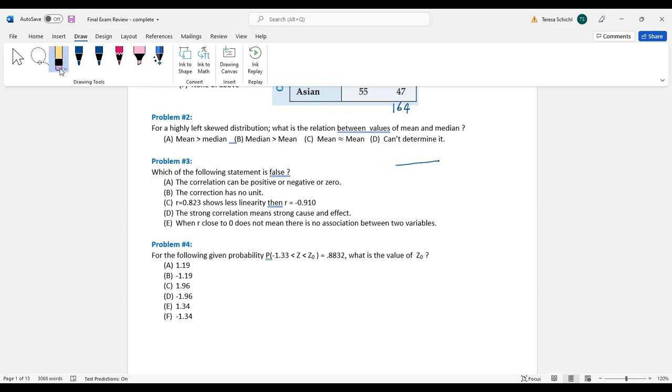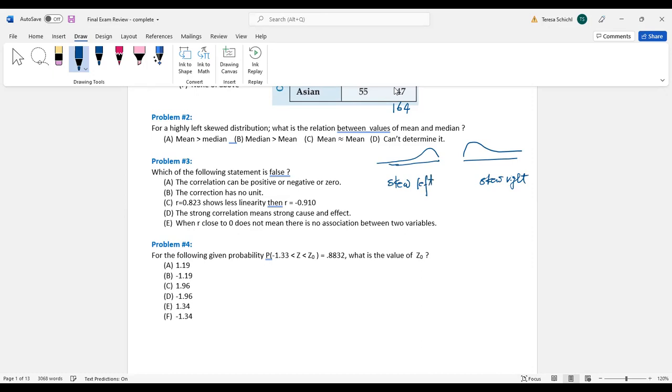I did not do too good of a drawing here. If your distribution has a long tail to the left, we call this a skew to the left. If your distribution has a long tail to the right, we call this a skew to the right.